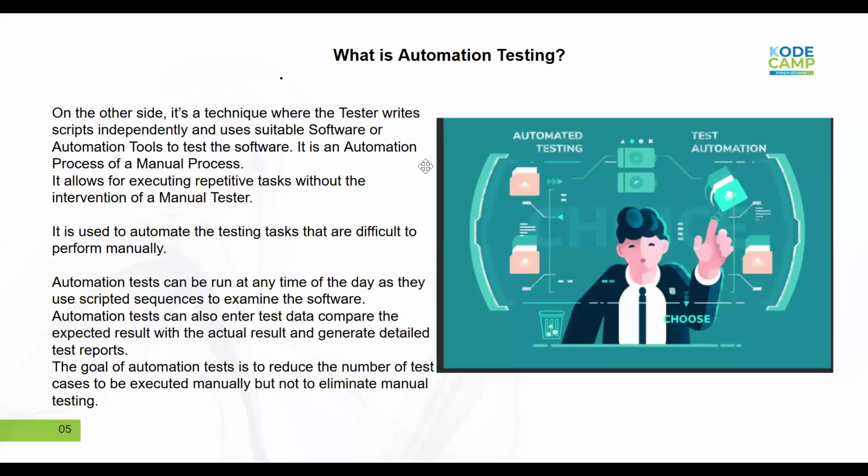Automation tests can be run at any time of the day, as they use script sequence to examine the software. You can wake up in the midnight, if you are with your PC, if you have network, and you feel like, I just want to test this site if it's still going, you can test it. It's not like you cannot do it any time of the day.